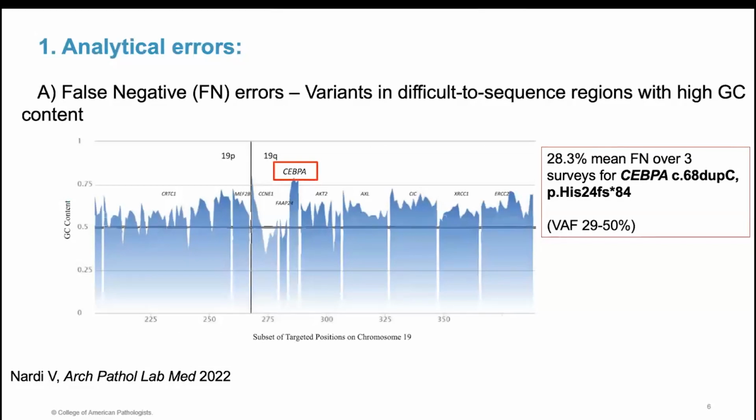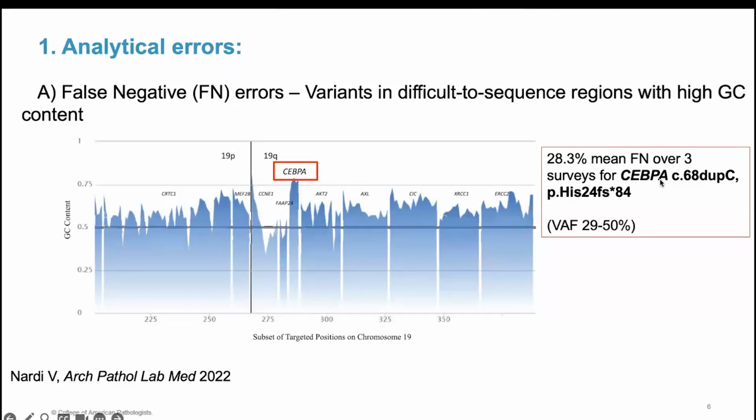In terms of analytical errors, let's look at false negative errors. Those usually occur when variants are in difficult to sequence regions, for example, regions with very high GC content. A classical example would be variants in CEBPA. CEBPA is a commonly mutated gene in hematological malignancies, an intron-less gene that is over 75% GC rich, as you can also see in the picture here.